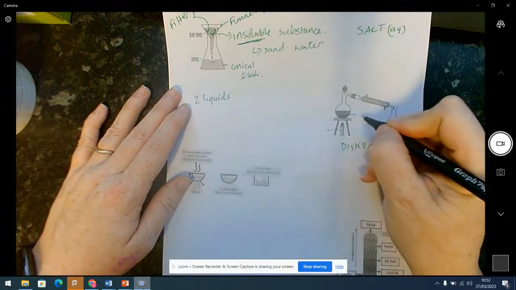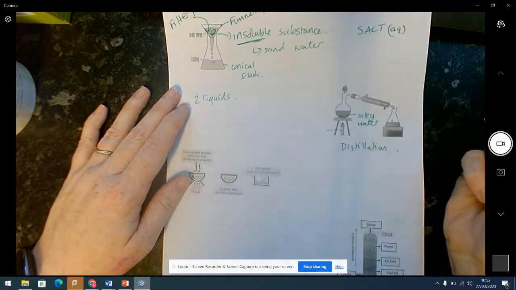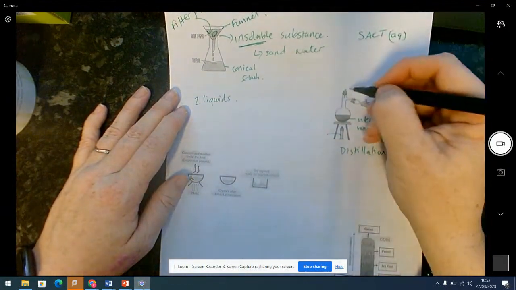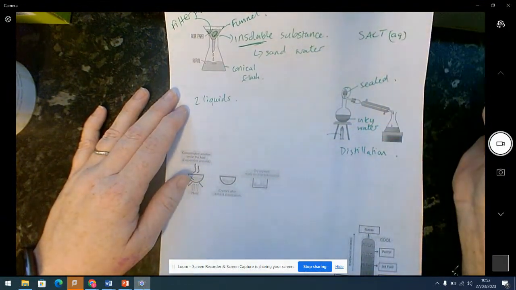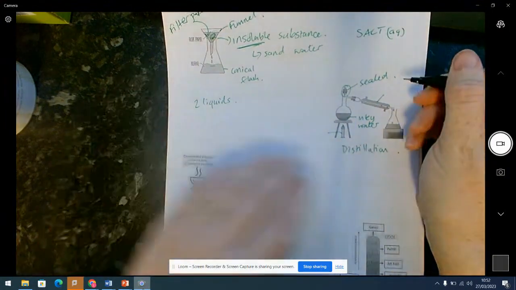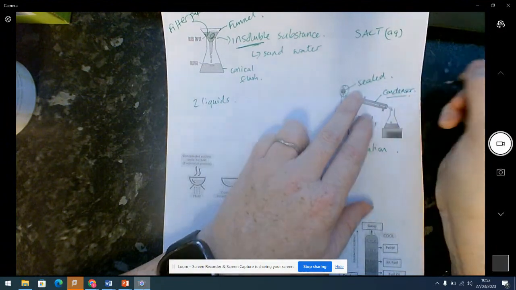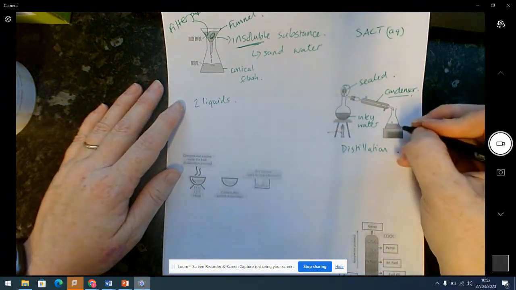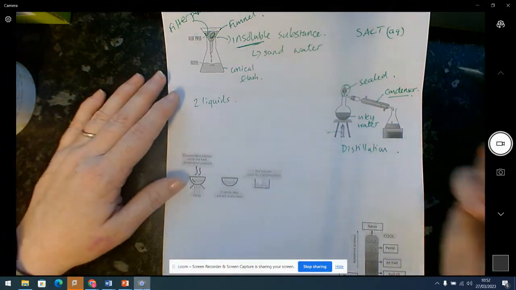For example, we could have inky water here, so we've got the ink and we've got water present. You can see from the diagram it is sealed, so no gases can escape. This here is what we call our condenser, and we'll talk about that when we talk about the process. And then we collect our sample, as you can see in the conical flask just there.